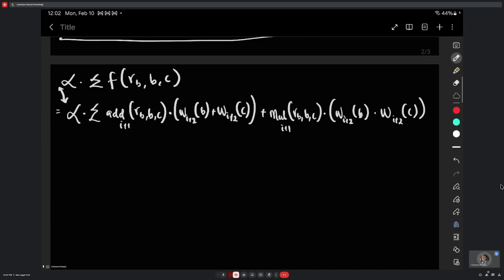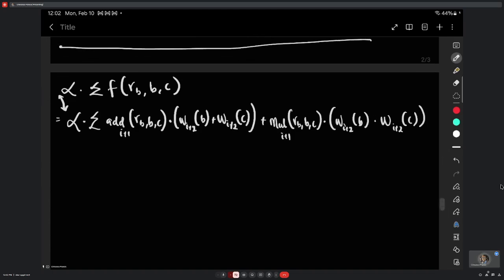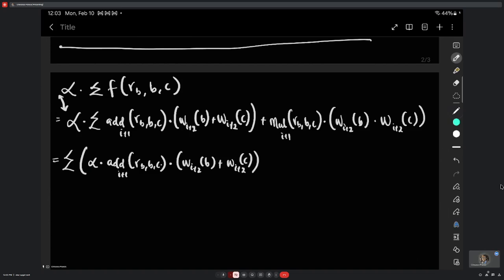So if we multiply through by alpha, what are we going to get? We get the summation of alpha add I plus 1 at (rb, rc) times [W(I plus 2) of b plus W(I plus 2) of c], right?